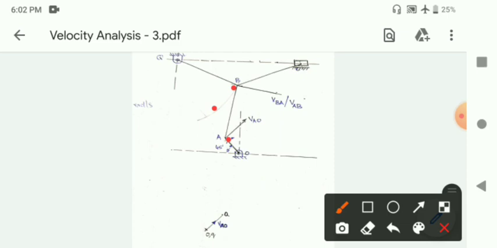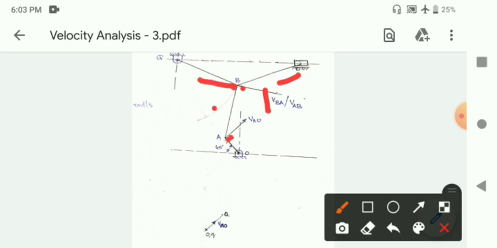So what you do is, from either point B or from point A, you draw a line perpendicular to AB. That is what I have drawn here. This line represents the line of action of velocity of B relative to A or velocity of A relative to B. Either thing will be the same. You can extend this line beyond B also.